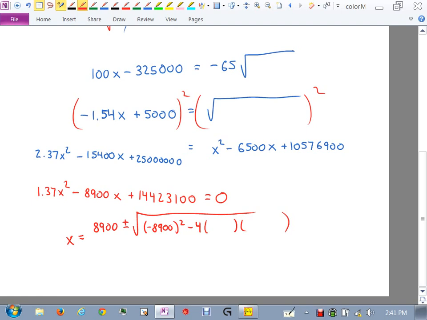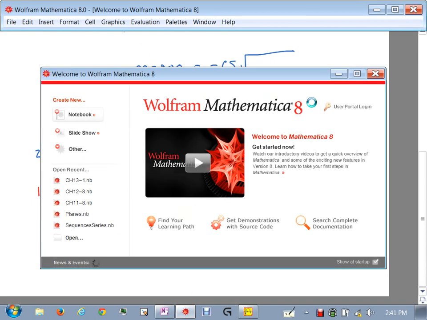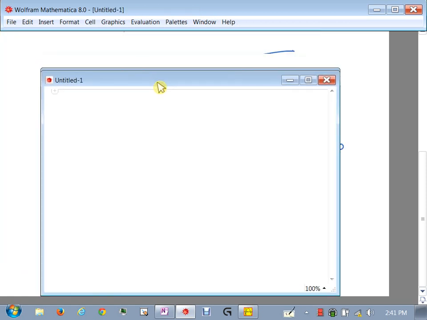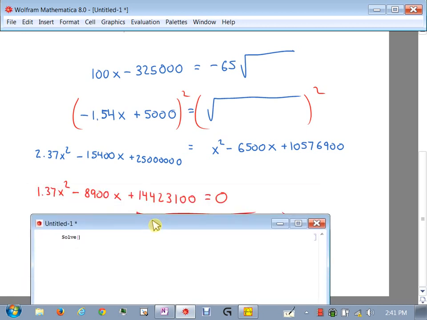Do you all mind hanging out for a second or not? I just want to see if our solution is even close, because we want it to be between 0 and 3250, right? So I have solve. Can't see it. There it is.